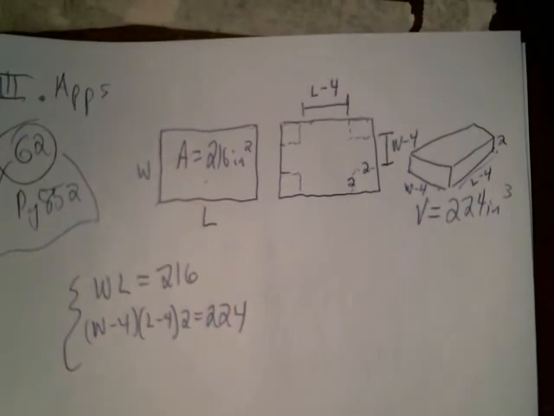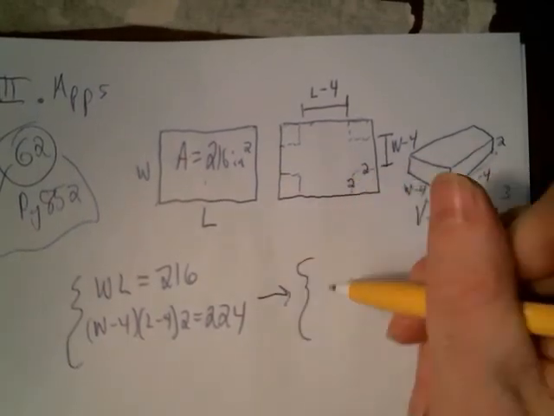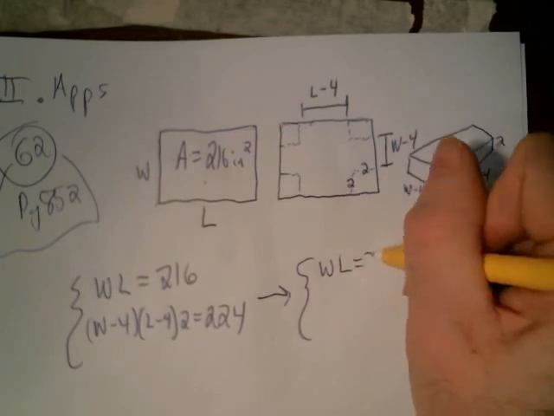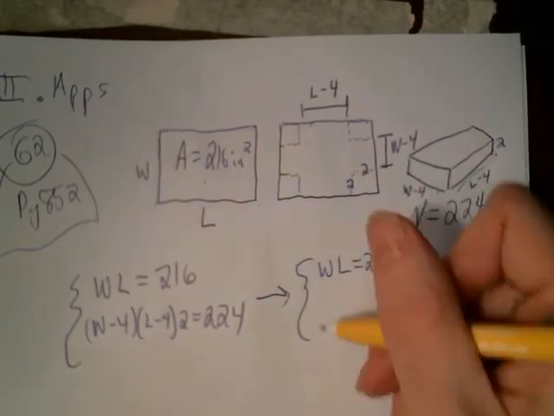Okay? So we want to probably multiply that out. I don't know if it's even necessary. We could solve for W and L and then put it into here, and maybe it'll be easier, but I don't know. Let's simplify it. Okay. So WL is 216. Down here I've got a FOIL and then distribute.